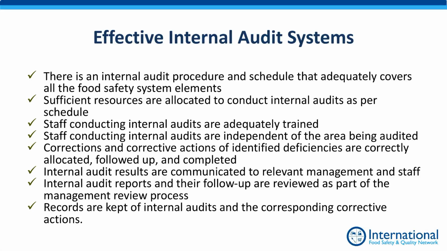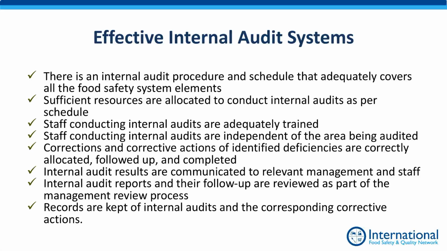Sufficient resources need to be allocated to conduct internal audits as per the schedule. Staff conducting internal audits need to be adequately trained. Ideally, staff conducting internal audits need to be independent of the area being audited.